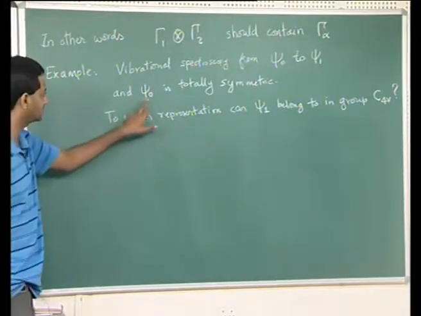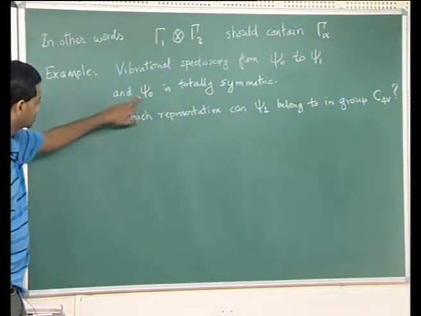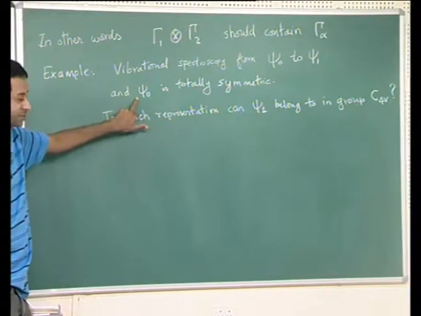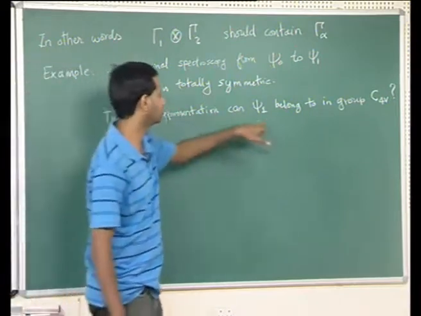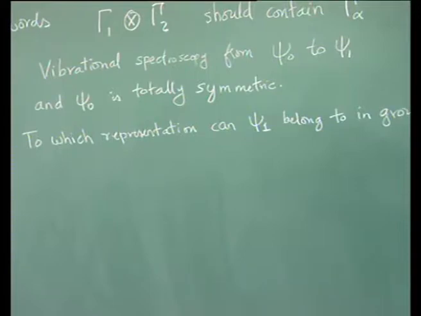You want to look for transitions from psi 0 to psi 1, and you are told that psi 0 is totally symmetric. Then to which representation can psi 1 belong if you are in this group C4v?